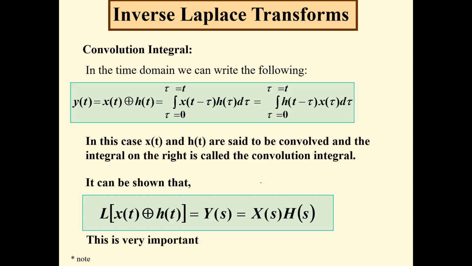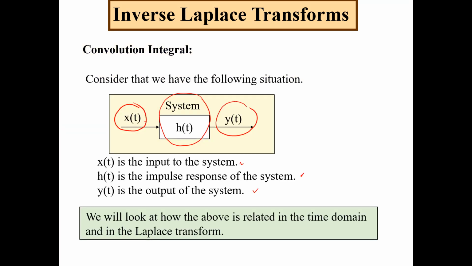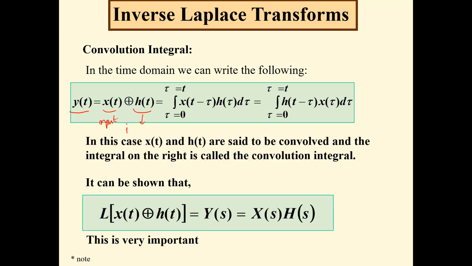Okay, in the time domain, in the convolution integral, we can write it like this. If we have the output y(t), it is x(t) convolved with h(t). x(t) is the input, and this is the impulse response.